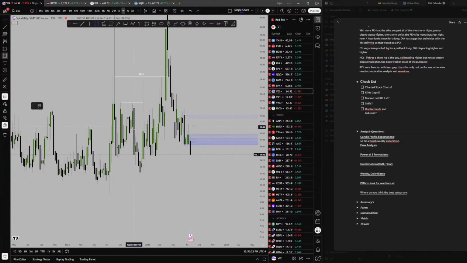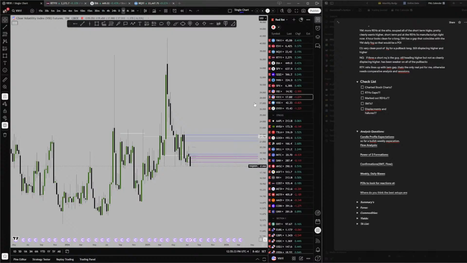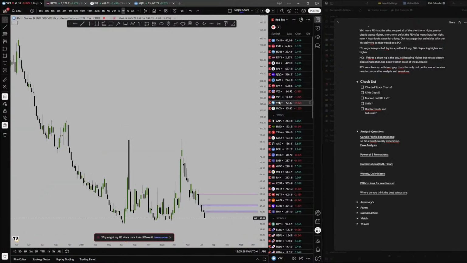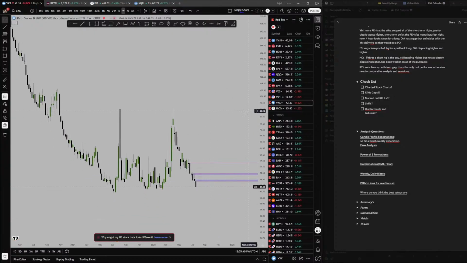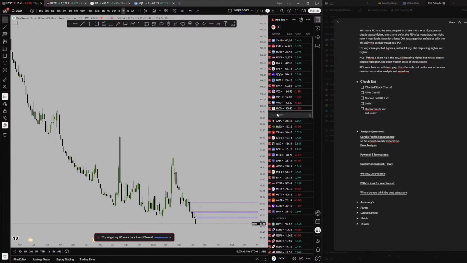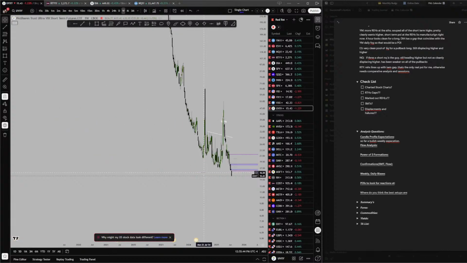Maybe it's going to respect this, maybe it's going to do that. Just a guess, before volatility starts to spike again. Same thing on futures, same thing on short-term futures.